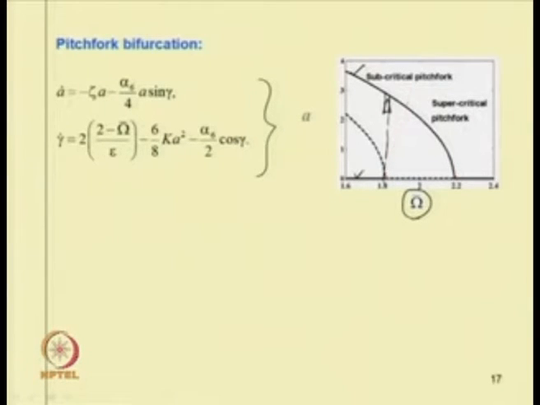At omega bar equal to 2.2, again the response becomes trivial. That means the non-trivial amplitude will go on decreasing, and at omega bar equal to 2.2 it becomes the trivial response, and with further increase in omega bar, the trivial response will exist.